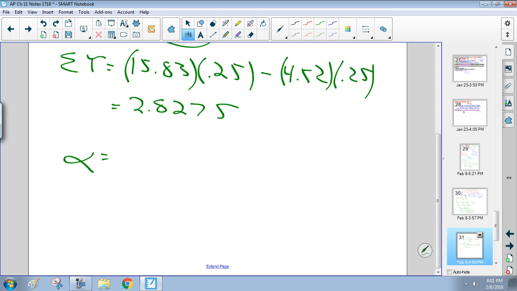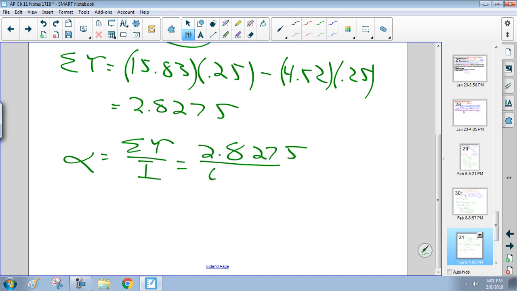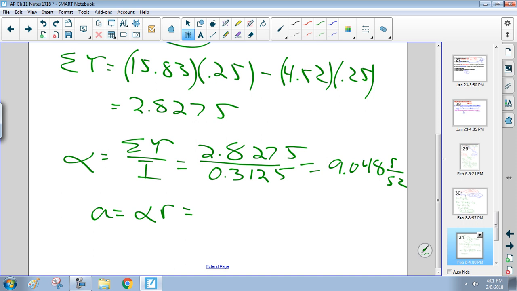Because alpha should be net torque over I. So 2.8275 is our torque. Our I was 0.3125, I think. Is that right? Let me double check my paper. Yep. So divide that out, and that gives us 9.048 radians per second squared. And then A ought to be alpha R. So that's my alpha.